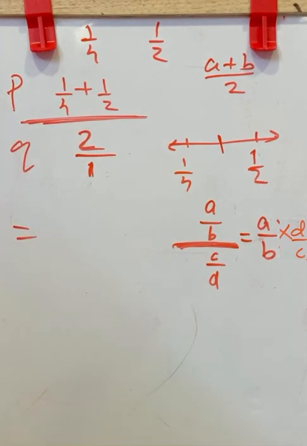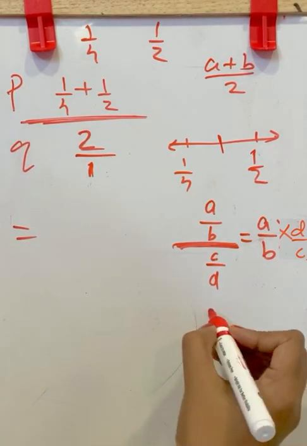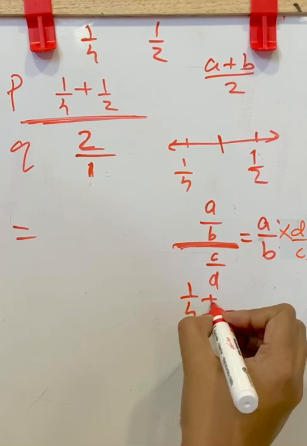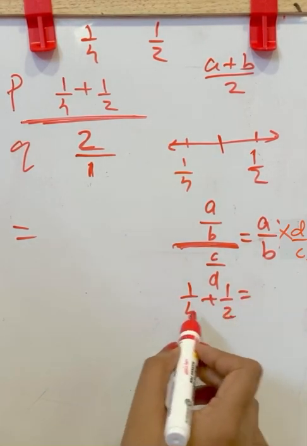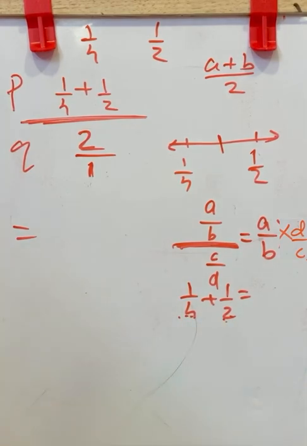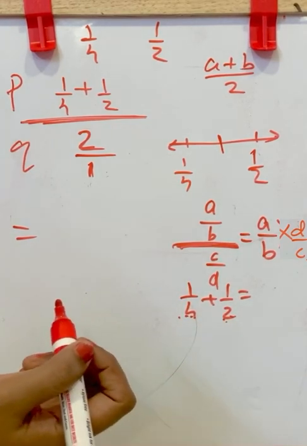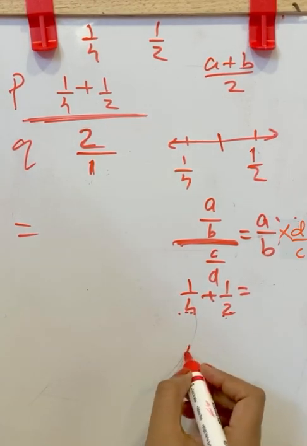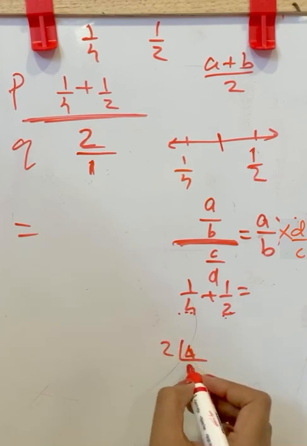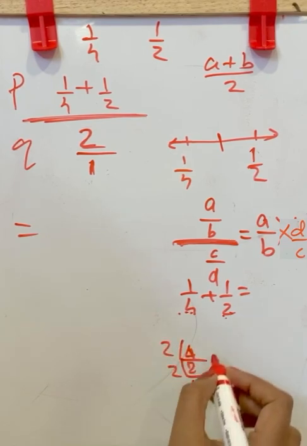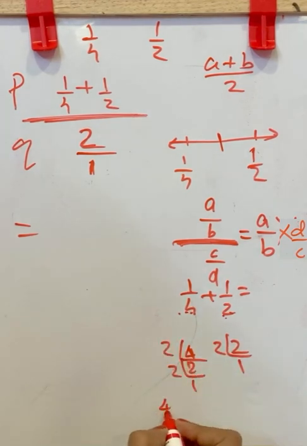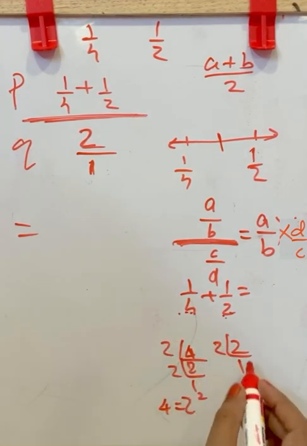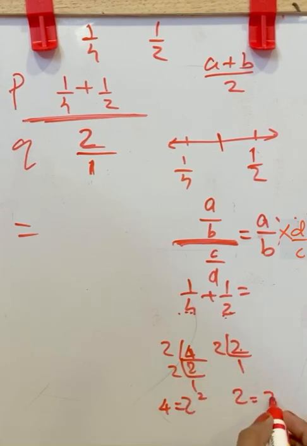Now we want to solve this first: 1 by 4 plus 1 by 2. You want to find the LCM of 4 and 2. How will you find it? 4 is 2 into 2, and 2 is 2 into 1. 4 is 2 squared, 2 is 2 raised to 1.